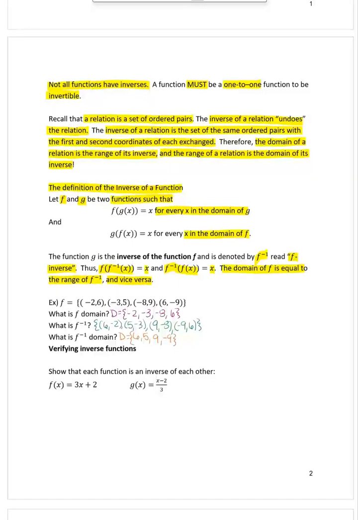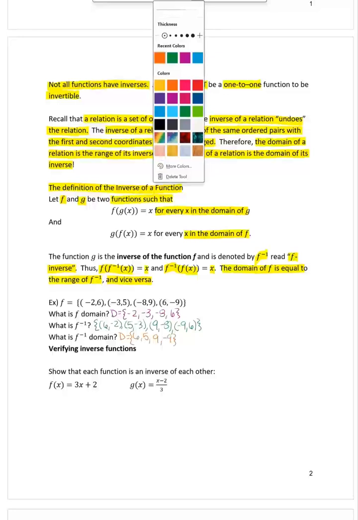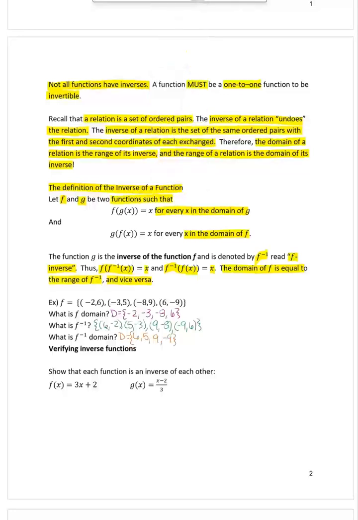Now let's verify these inverses. Remember, we have to do our composition, right? We have to do f composed with g and see if it equals x, and then g composed with f and see if it equals x. So first, I always start with f composed with g. So we're going to do f of g of x.